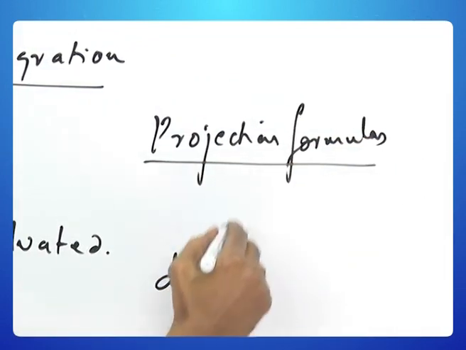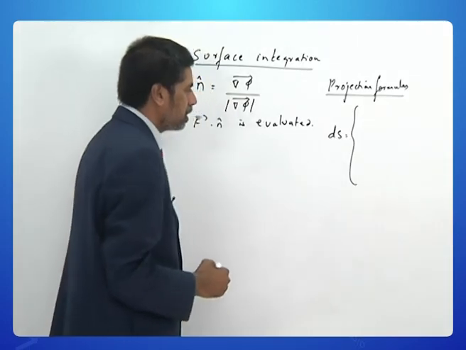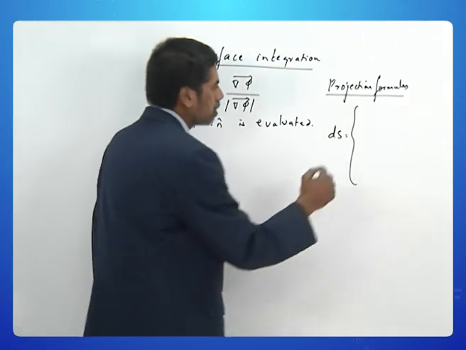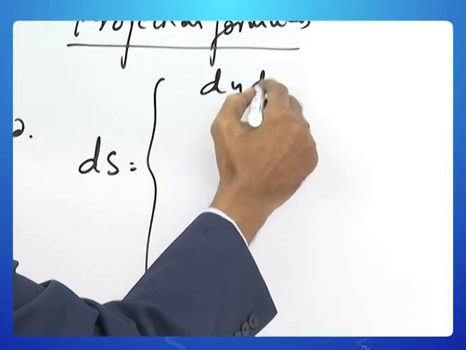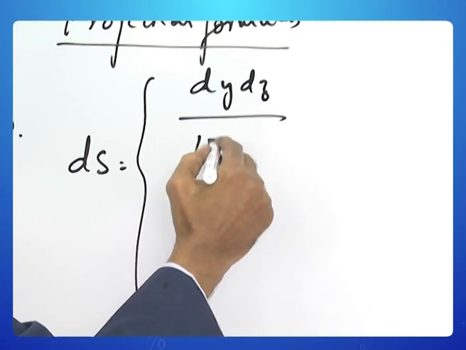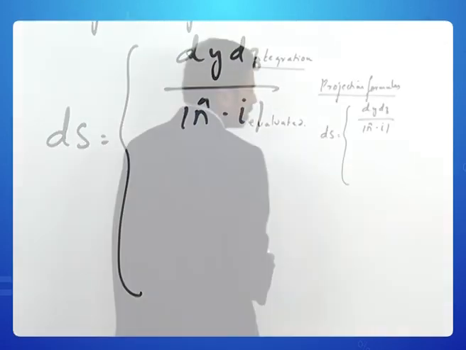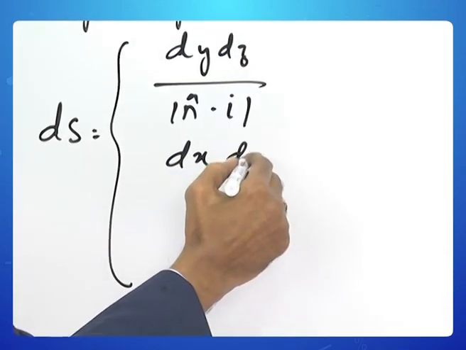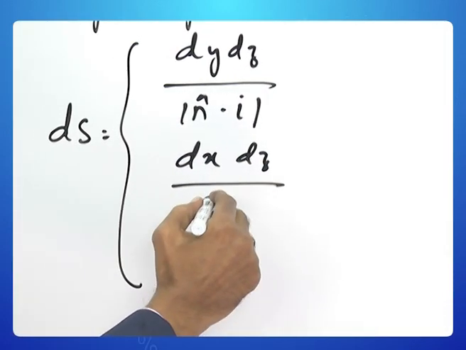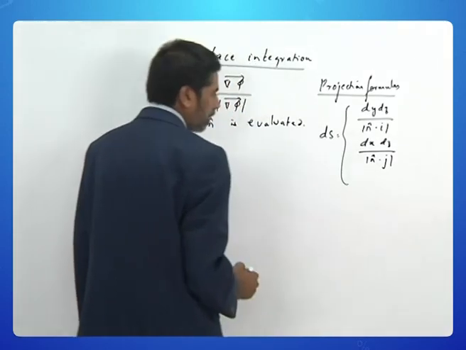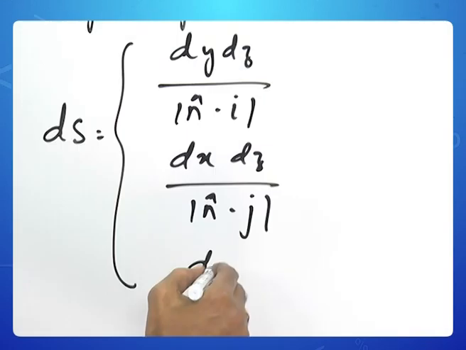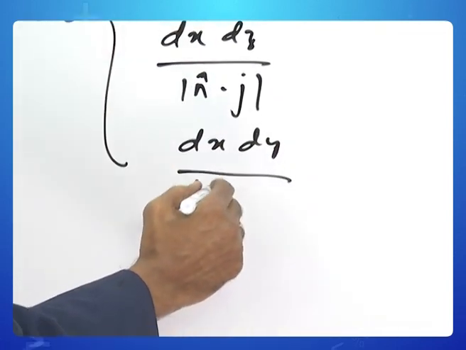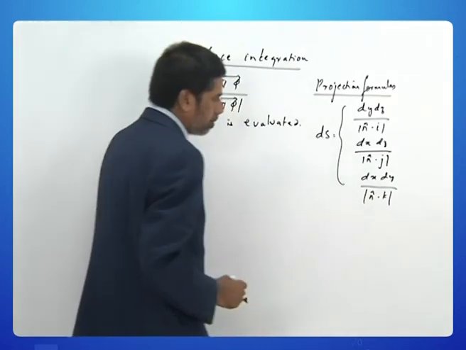These are formulas for ds. As we discussed, there are three types of projections which are possible. If you project on the yz plane, it is dy dz by magnitude n dot i. If you project on the xz plane, it is dx dz by magnitude of n dot j. And in the last case, if you project on the xy plane, it is dx dy by magnitude n dot k.